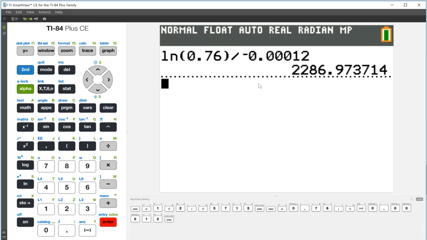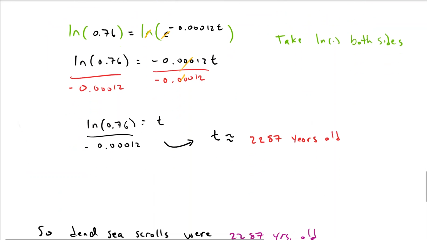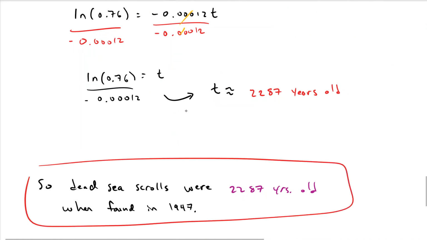So if we round that to the nearest year, then that gives us 2,287 years old. So the Dead Sea Scrolls were about 2,287 years old when they were found in 1947.